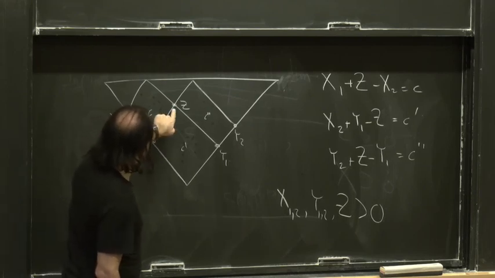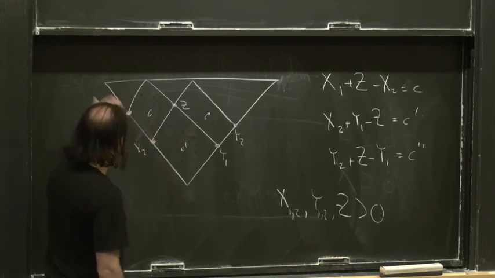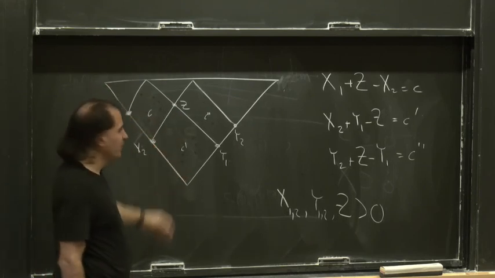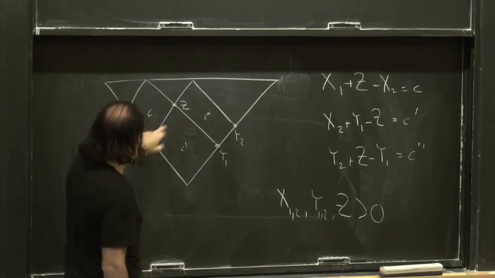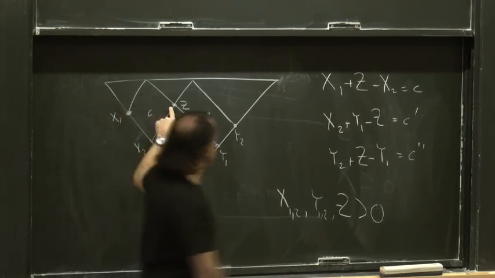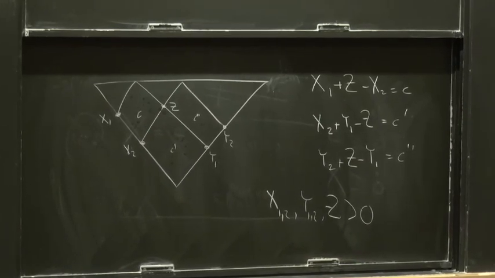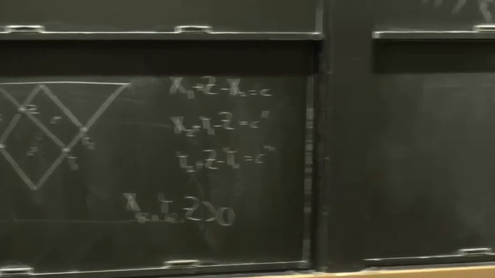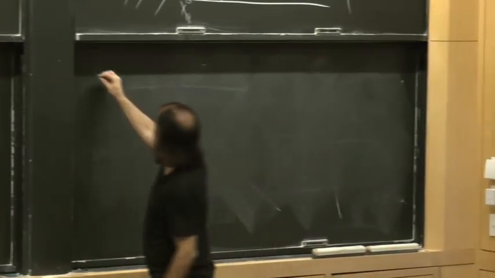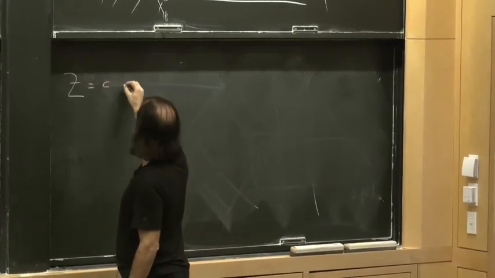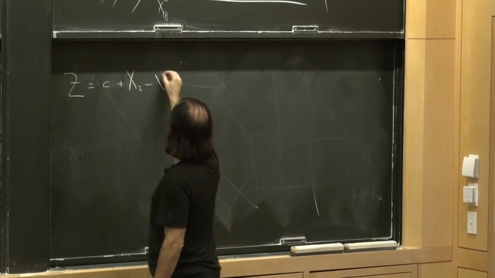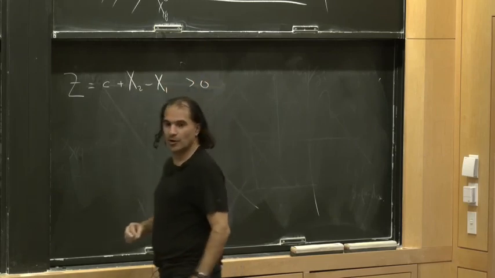Let's solve for z in terms of x1 and x2. That's easy, that's just this equation right away, so we don't have to do anything. So z equals c plus x2 minus x1, and we want this to be positive.